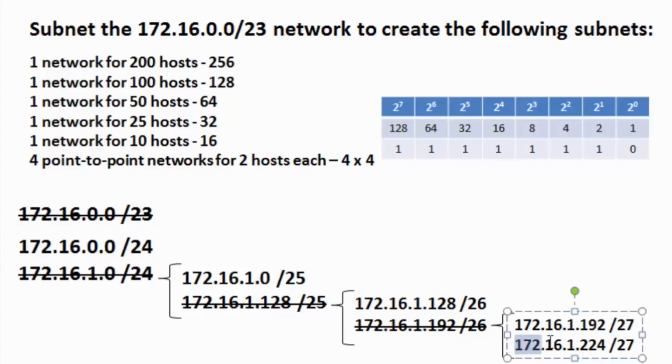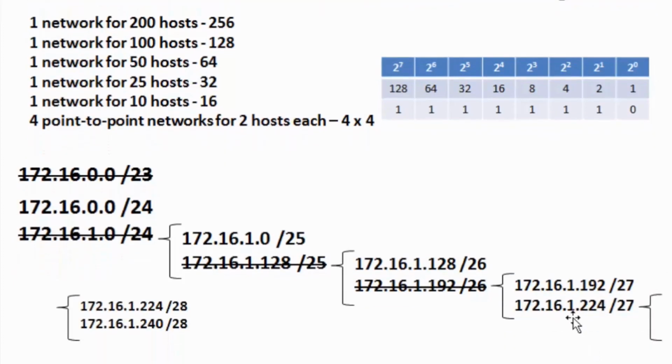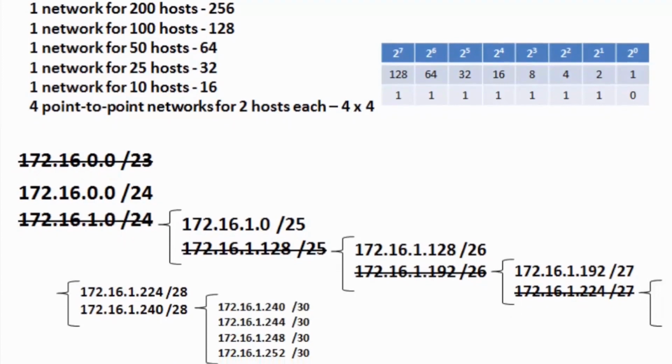I can take the second of these two subnets for 32 hosts and subdivide it into two 16-host subnets. To do this, we take the 224/27 subnet, change the subnet mask from /27 to /28, and now I have two smaller subnets. From here, I take the second of these two 16-host subnets. I only need one.